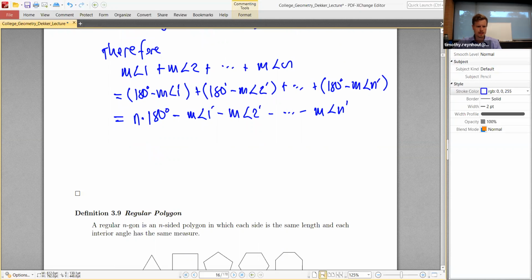All right. Now we can pull out all the subtractions to get that this is n times 180 degrees minus the sum of all of the interior angles.